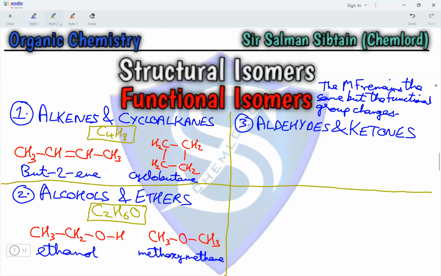Now, aldehydes and ketones are both carbonyl compounds, and both of them are functional isomers. So the molecular formula that we'll be using for aldehydes and ketones is C3H6O, in which the aldehyde that we would be making would be CH3CH2CHO.